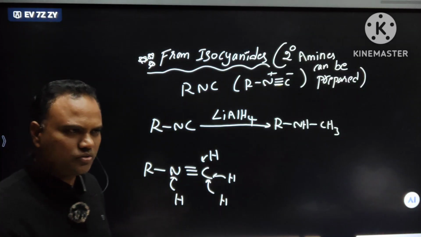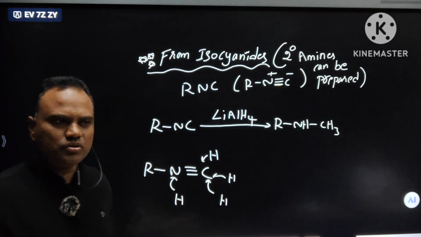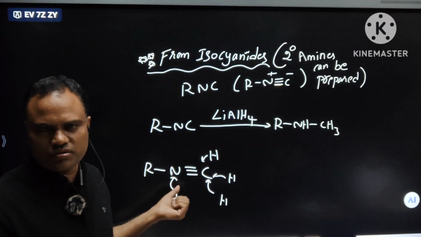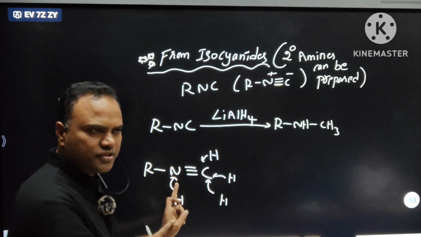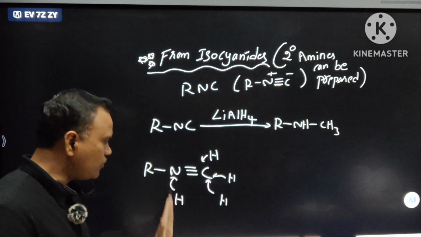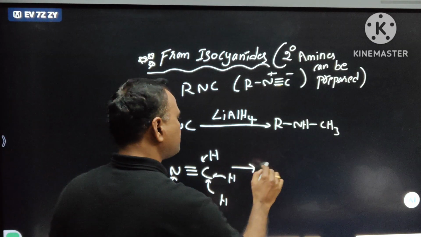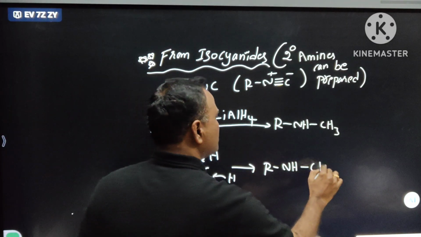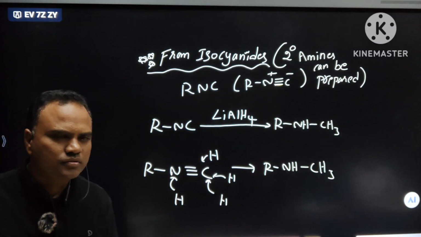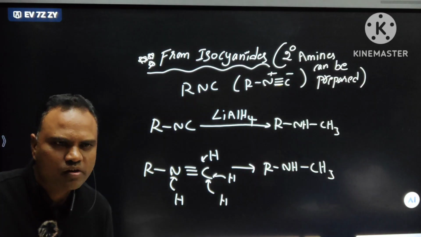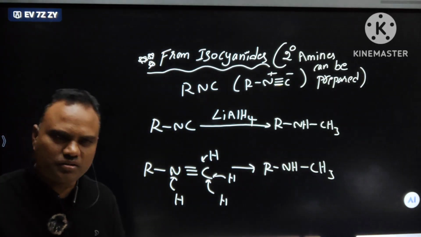Clear? Shortcut only, but shortcut with logic. Some students will doubt why we attach only one hydrogen to nitrogen: because the nitrogen is connected to R on the left and carbon on the right, two atoms already, so only one hydrogen, because total valence is 3 only. Clear? The product is RNHCH3. This is not the original mechanism, but this is the way to write the product.